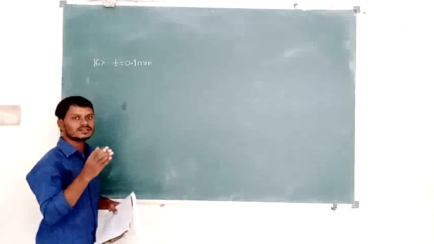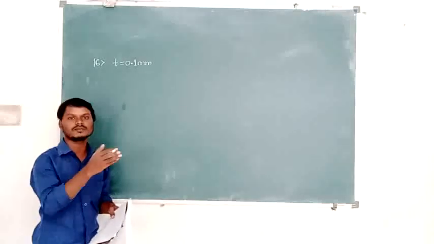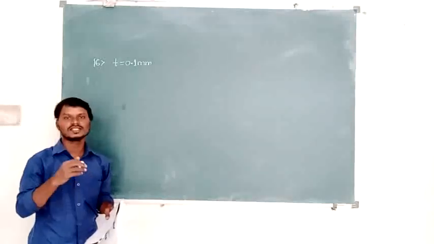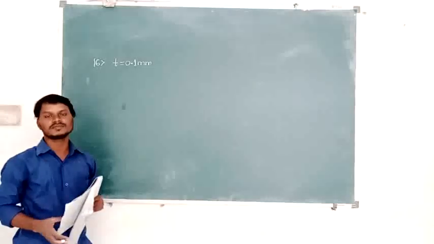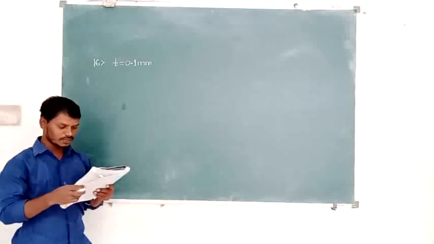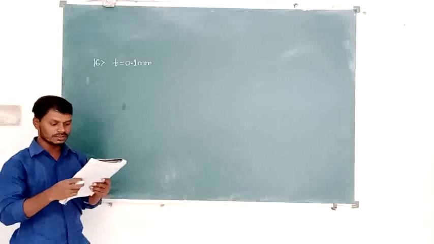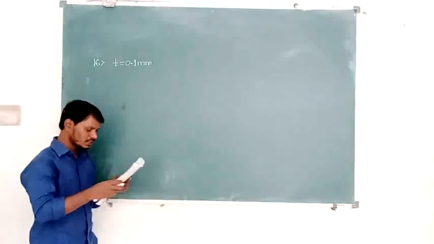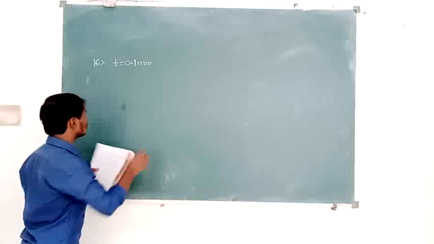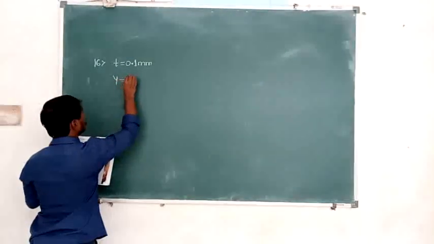Whenever we place a mica plate in the path of any one of the waves, there is a displacement of the central fringe. That displacement of the central fringe is equal to 10 fringes, that is y is equal to 10 beta.